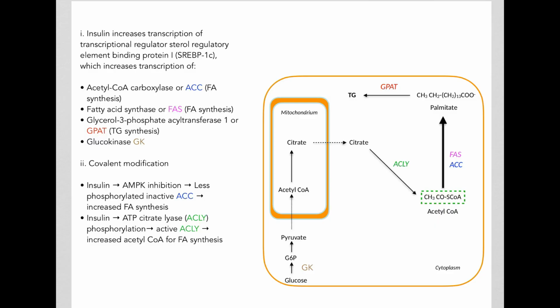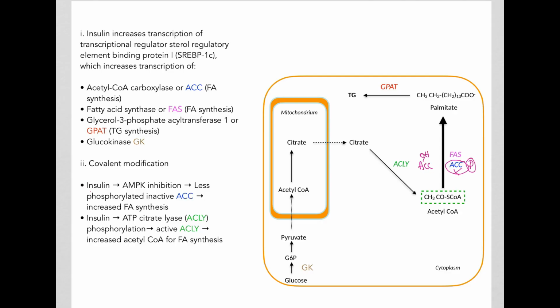So besides affecting transcription of various enzymes, insulin also causes the activation or inhibition of enzymes by covalent modification. For example, this enzyme acetyl-CoA carboxylase or ACC exists in the phosphorylated form, and this phosphorylated form is the inactive form, and it also exists in the non-phosphorylated form, which is the active form.